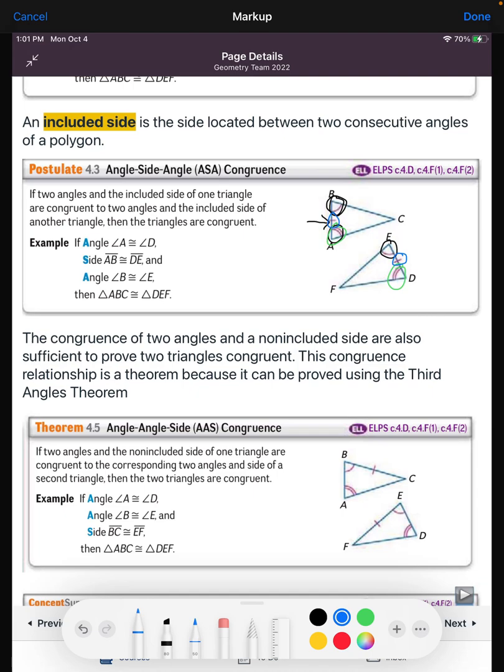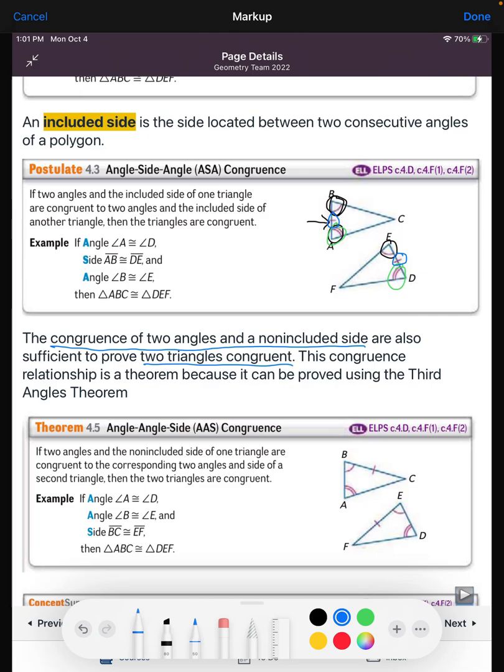The congruence of 2 angles and a non-included side is also sufficient. So with congruence of 2 angles and a non-included side, we can also prove that 2 triangles are congruent. This congruence relationship is a theorem because it can be proved using the third angles theorem.